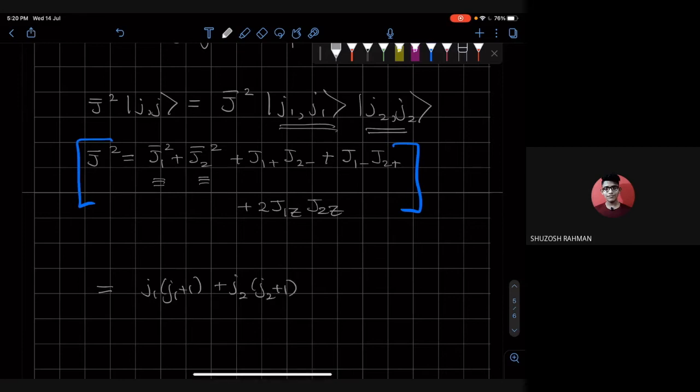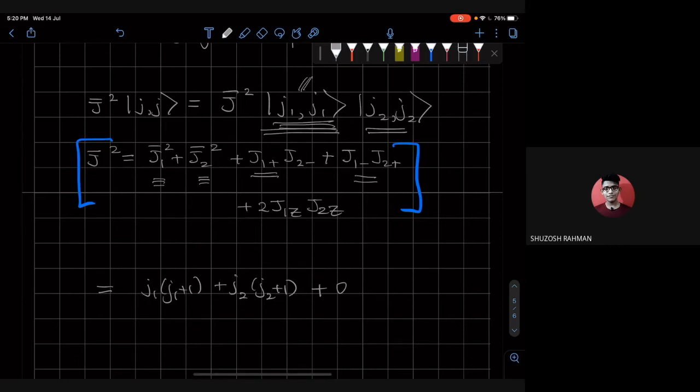Then J1 plus acting on this, what will it give me? J1 plus is a raising operator, right? So when a raising operator acts on the highest weight state, then it's 0. So we're going to get 0 from this term.